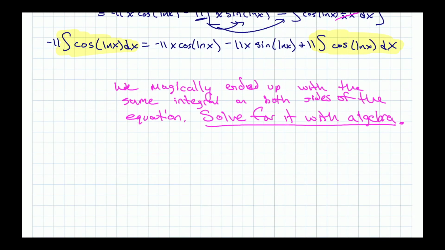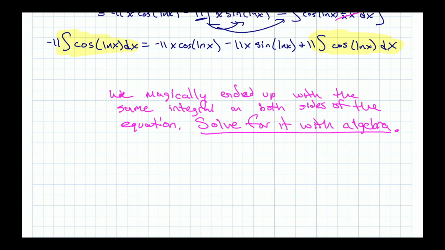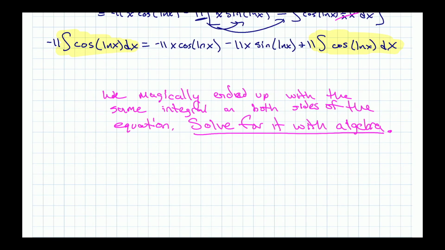So let me move this down just a little bit. Okay, how are we going to solve for it with algebra? Well, here's what we're going to do. On the right-hand side, I have plus 11 integral cosine ln x. Well, what if I subtract 11 integral cosine ln x? If I subtract it on the right, I subtract it on the left.